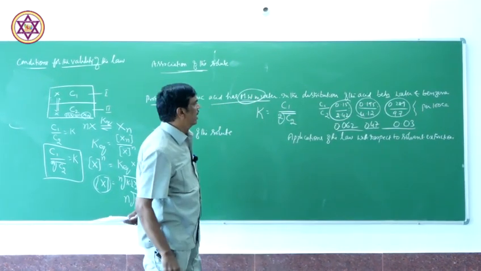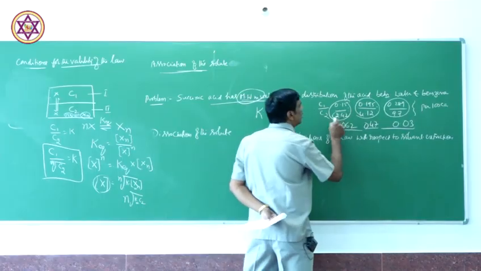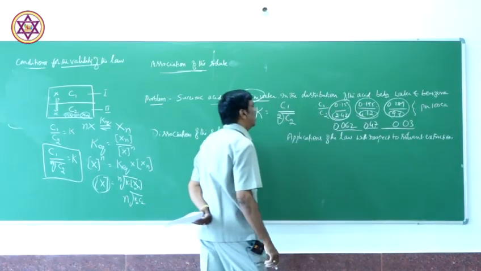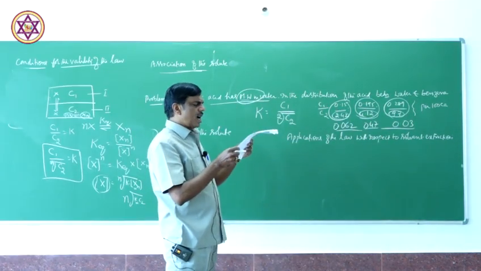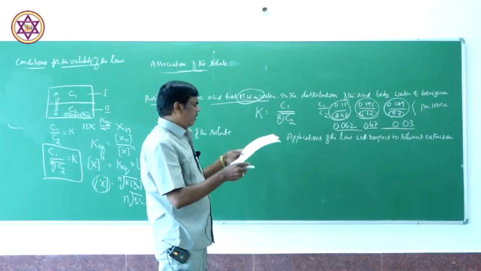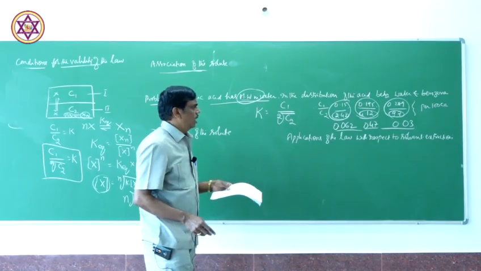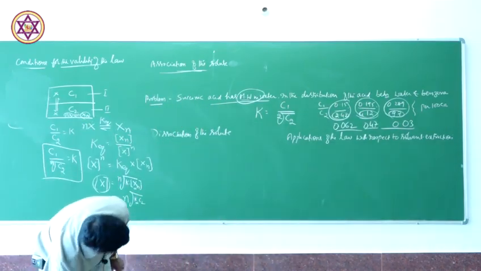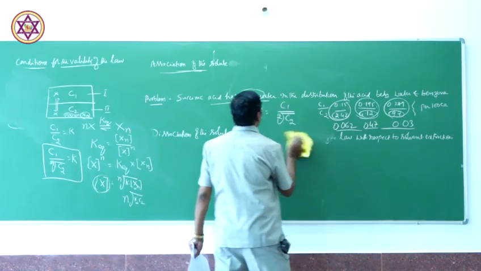You take the square root of these values, then it is found to be constant.